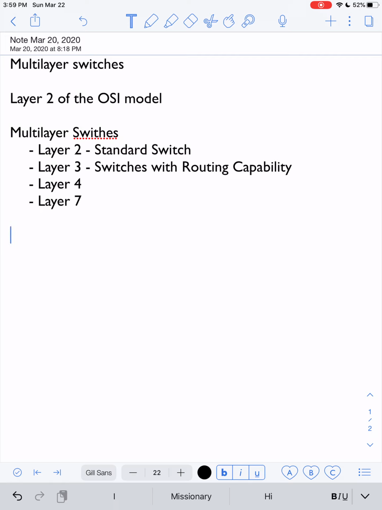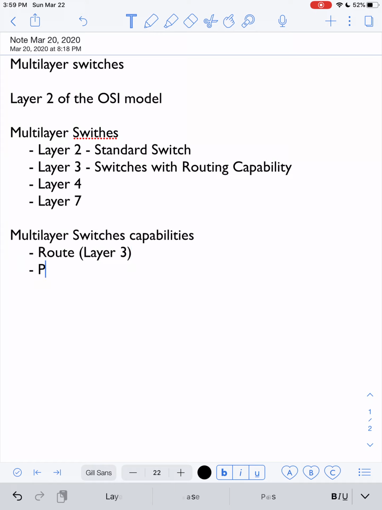When we talk about a multi-layer switch, multi-layer switches can have different capabilities. Again, as we talked about earlier, they can route. So this is layer 3. They can provide quality of service, and this can either be layer 3 or layer 4.